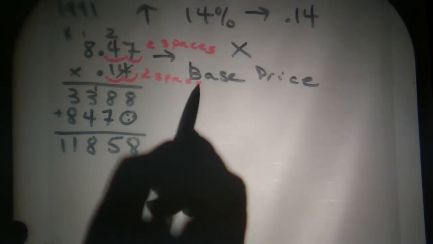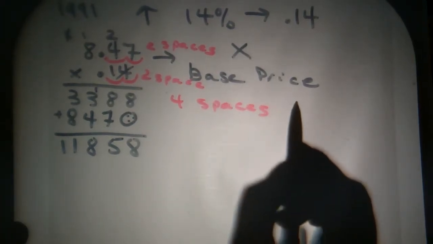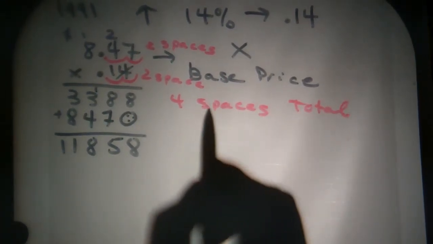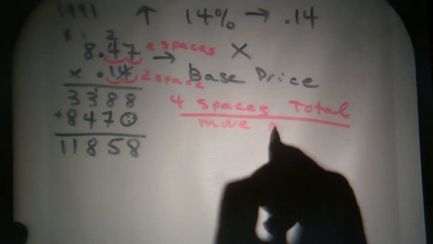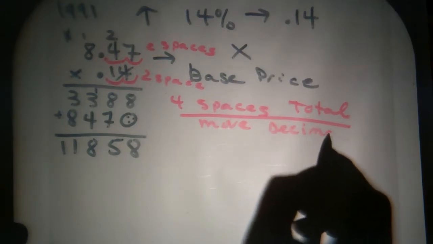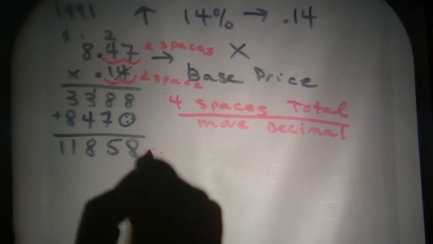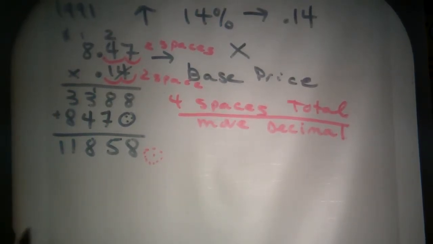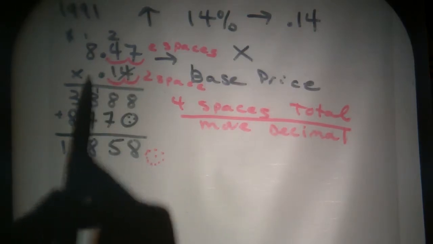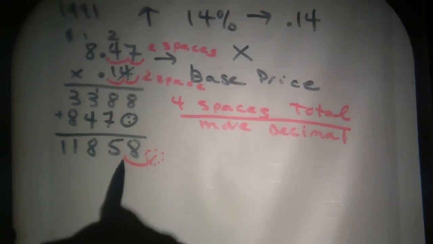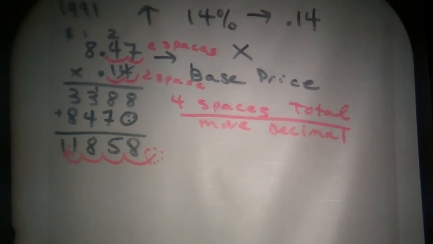So that means I have a total of 4 spaces I need to move my decimal. We know that we always have that imaginary decimal start out right here. So I need to move it 4 spaces: 1, 2, 3, 4. Bingo!